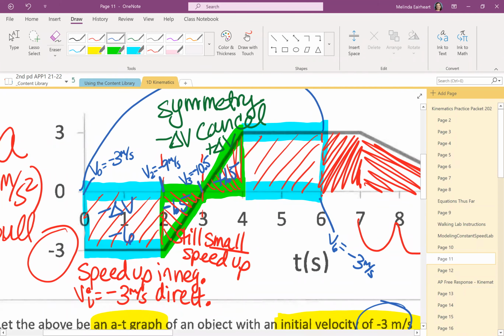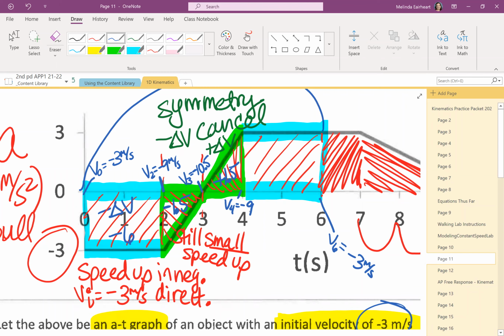Now I have a change in the positive direction. So our -10.5 is going to become more positive by 1.5. So it would be -9. Notice the -9s bookend the green symmetry.